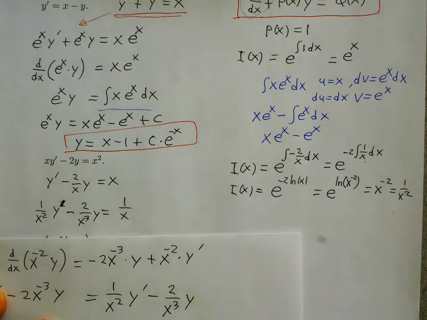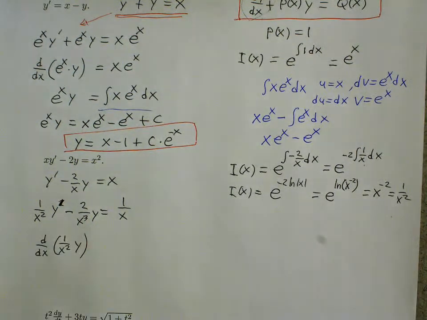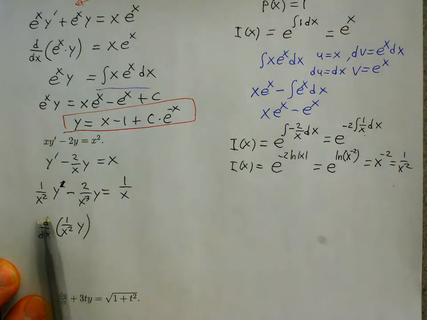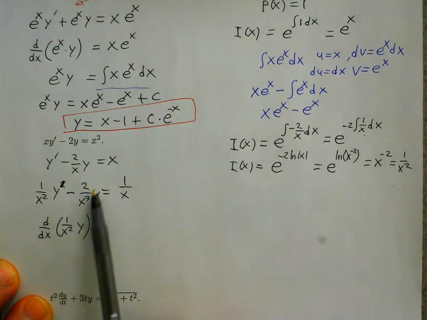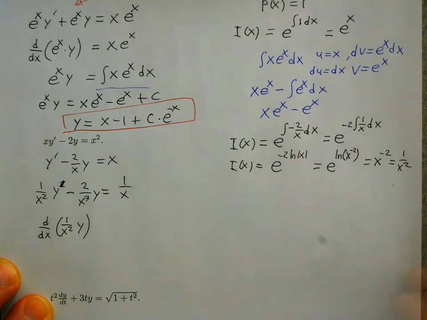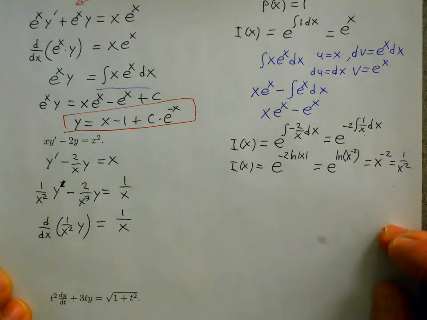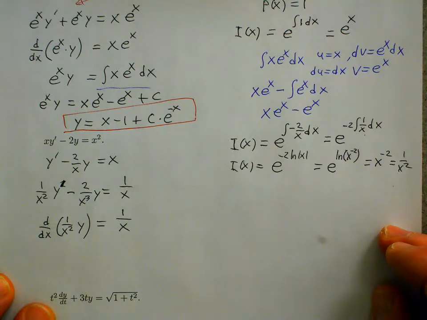So that verifies that the derivative of 1 over x squared y is 1 over x squared y prime minus 2 over x to the third y. And this is equal to 1 over x. Now we integrate both sides.